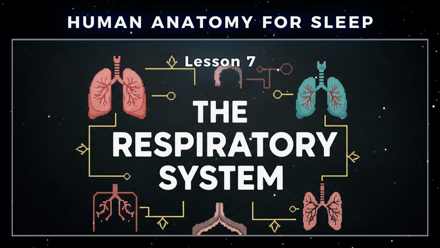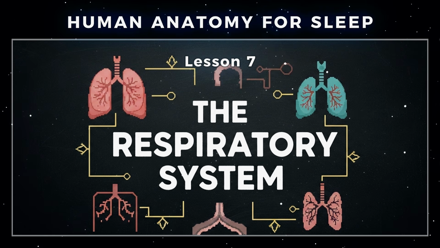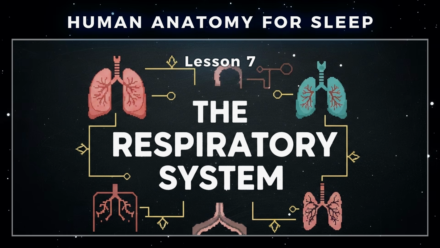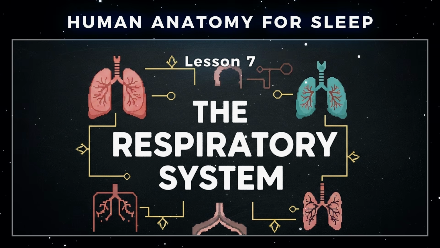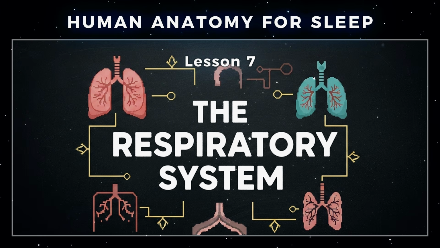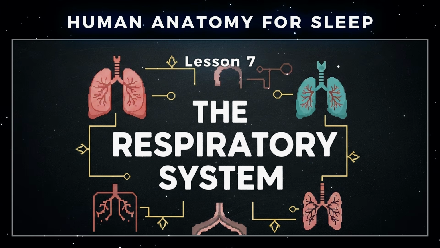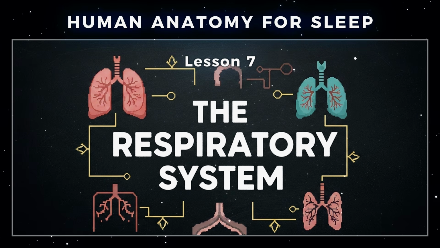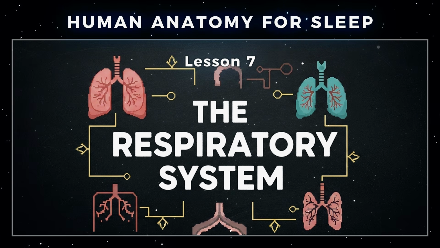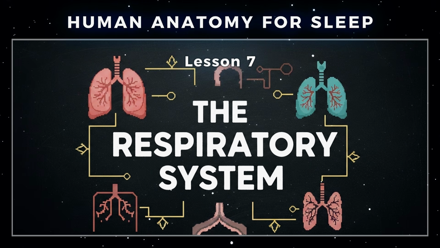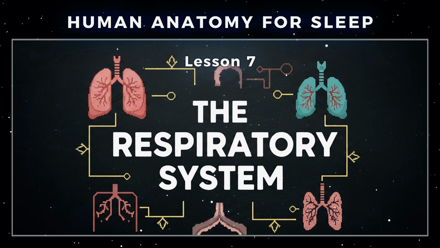It operates on a beautiful, fundamental law of physics discovered by the scientist Robert Boyle in the 1600s, which states that in a closed space, pressure and volume are inversely related. When your nervous system sends a quiet signal to inhale, your diaphragm contracts.